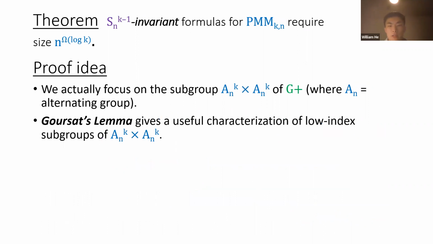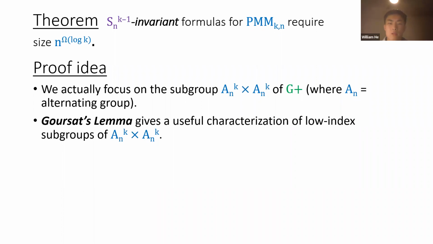So we'll actually focus on the subgroup A_n^k times A_n^k of G plus. Here A_n is the alternating group. It's a subgroup of S_n. And the reason why we focus on A_n rather than S_n is because A_n is a non-abelian simple group when n is at least 5.